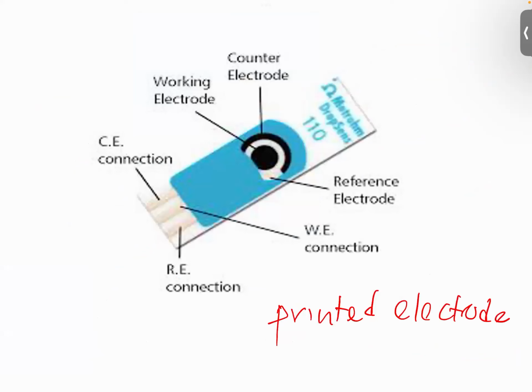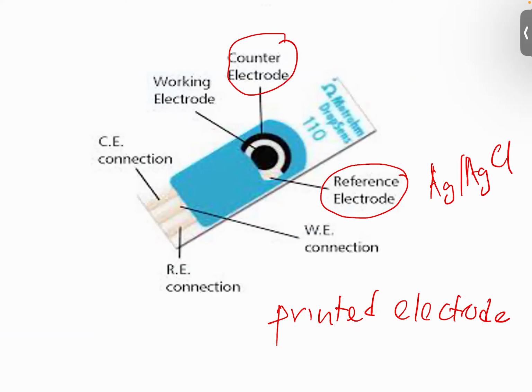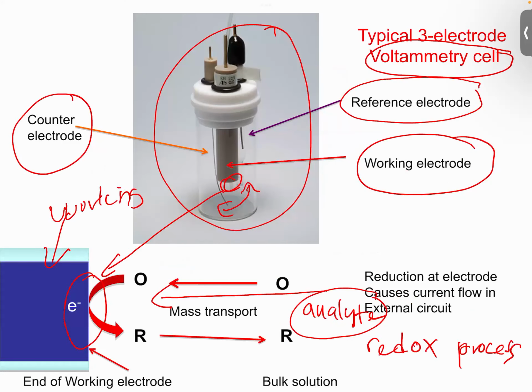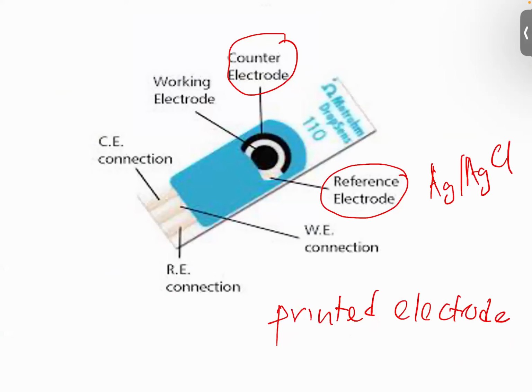So we look at the printed electrode. Same structure: we have a reference electrode, and usually it is Ag/AgCl, silver chloride. There are other types of reference electrode. And then we have the counter electrode. Here it looks like a platinum wire, but you can also use carbon.